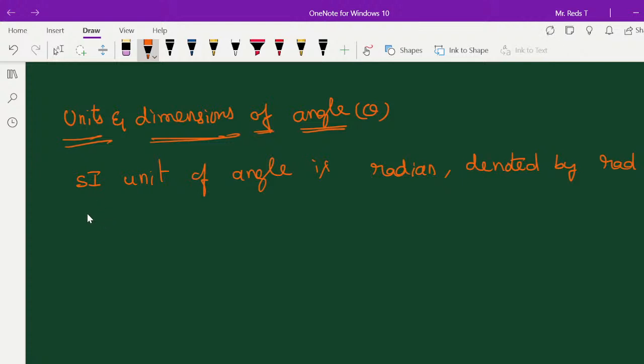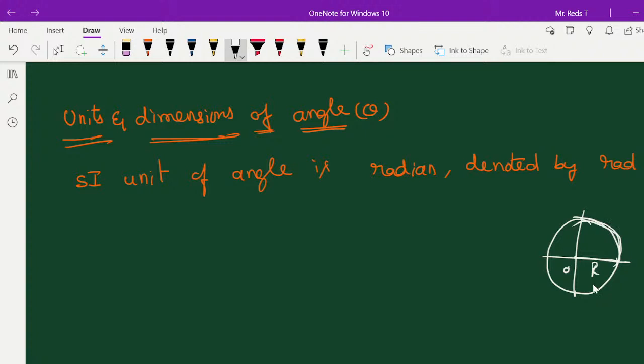Say, for example, if you are dealing with circular motion, angular displacement, arc length and radius, etc., suppose a circle is given here with some center O and radius R, say 5 centimeters or 5 into 10 power minus 2 meters, and the arc length is given as some 10 centimeters.